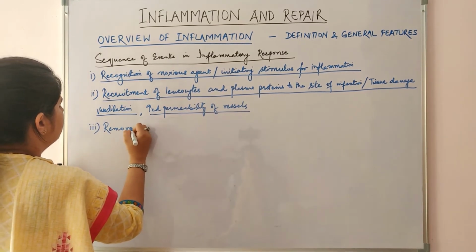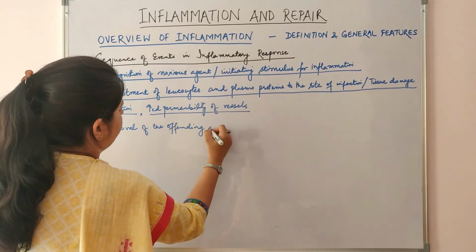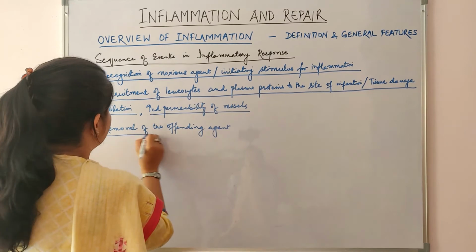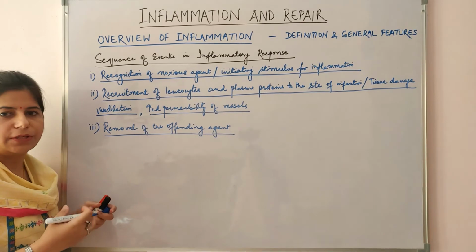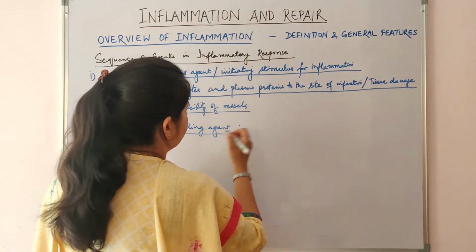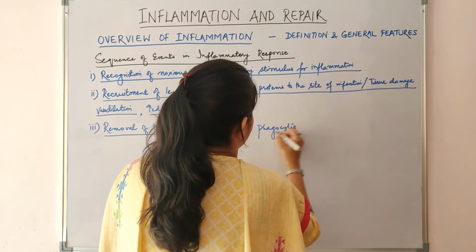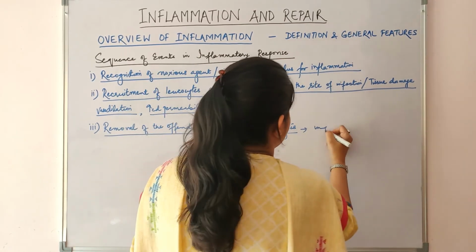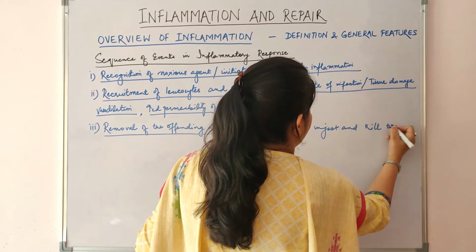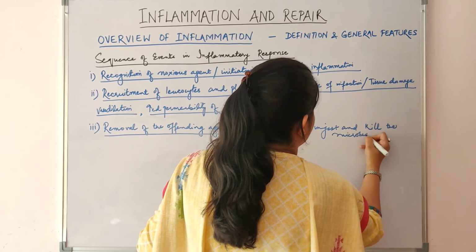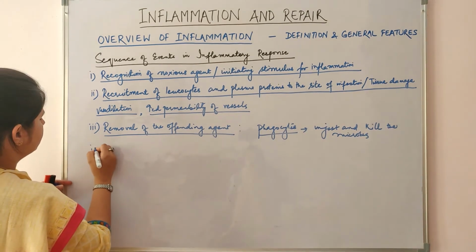Third is the removal of the offending agent. When the leukocytes come to the site of infection or the tissue damage, they become activated, and mainly it is the phagocytes that ingest and kill the microbes or ingest and remove the damaged cell or the tissue.